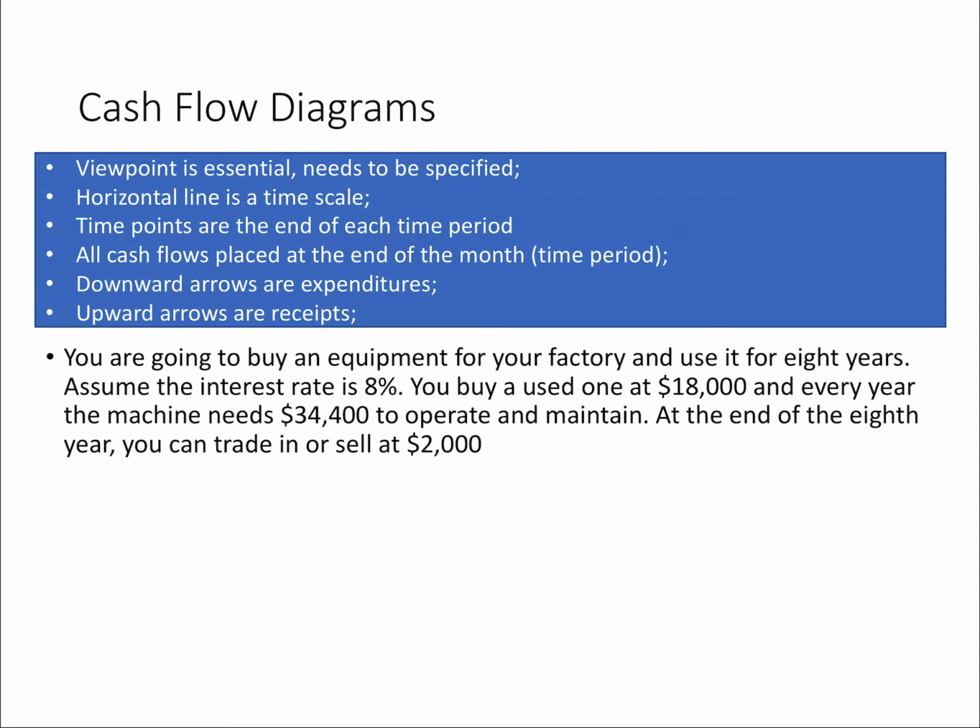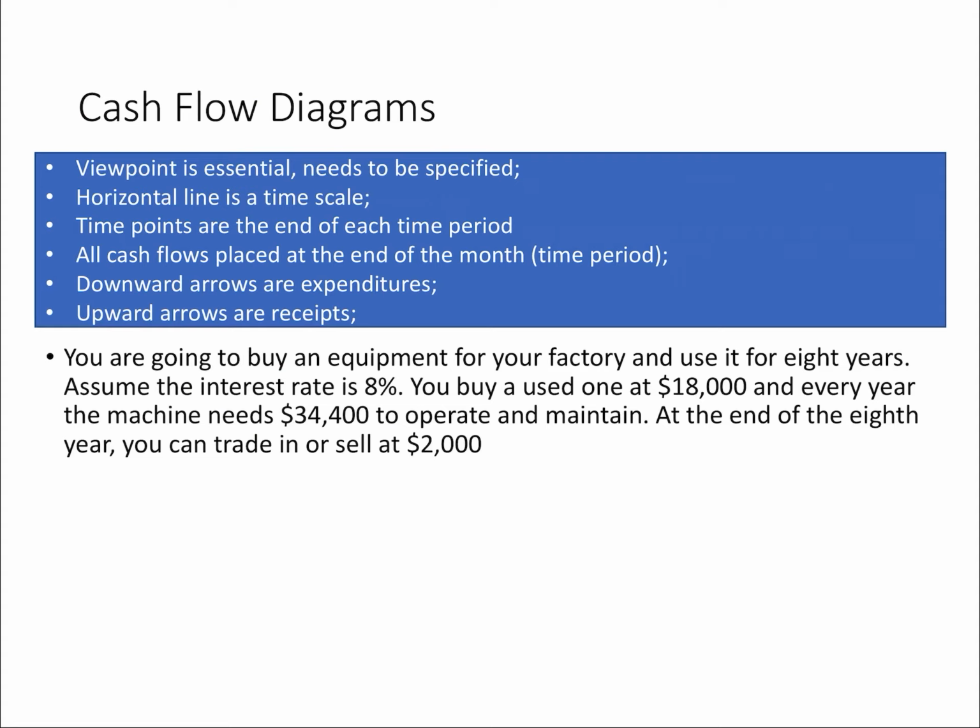Depending on how many years or how many periods in the problem, you are going to draw that many points on your timeline. And time points are the end of each time period. So we have 0, 1, 2, 3, 4, ... and n. But the 1 doesn't mean it's the first year.